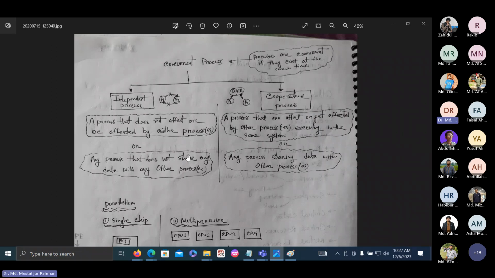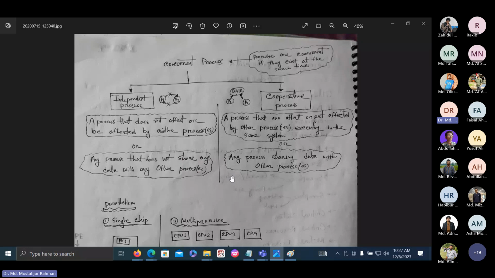An independent process is a process that does not affect or get affected by another process. Some processes execute with sufficient resources. They can just execute and complete their execution. That means there is no sharing, no dependency.